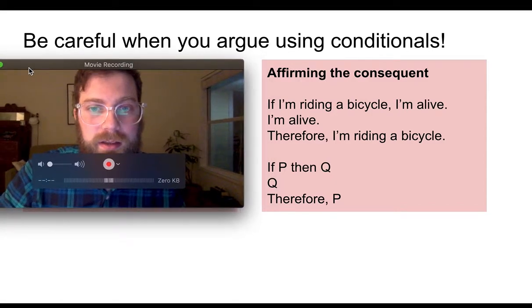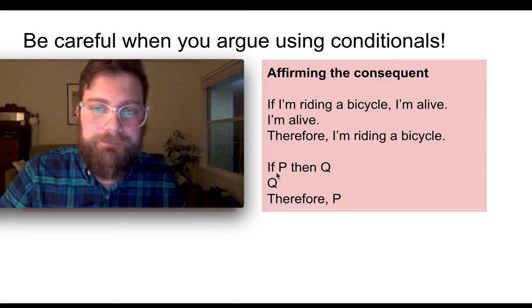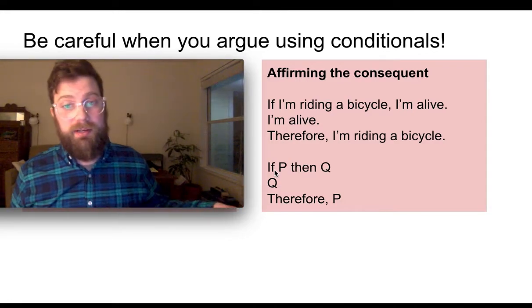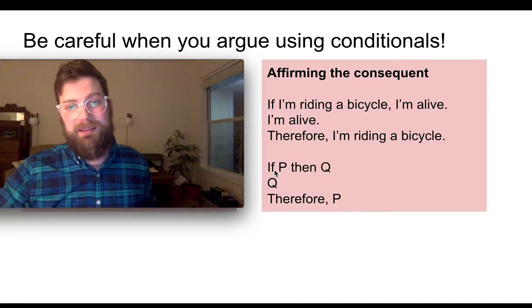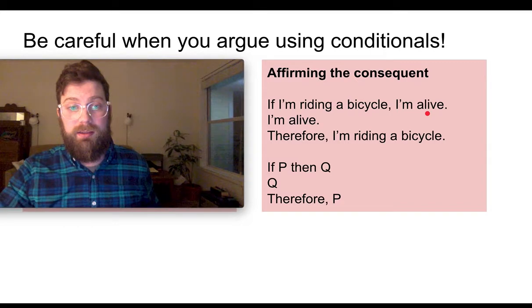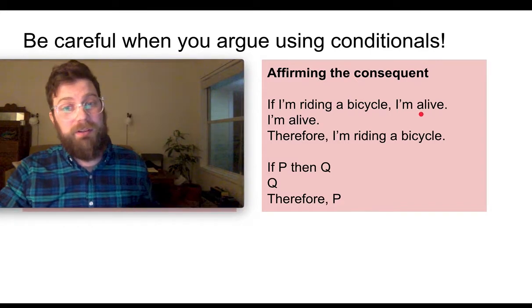Now let's look at this other kind of argument. This one is called affirming the consequent, right? So again, it gets its name because it involves affirming the consequent of a conditional in your second premise. So here's how this one goes.